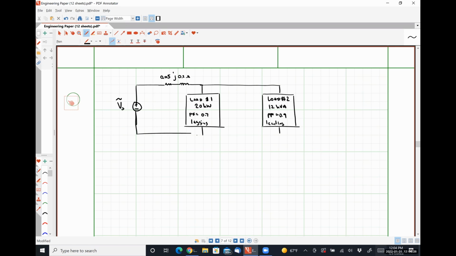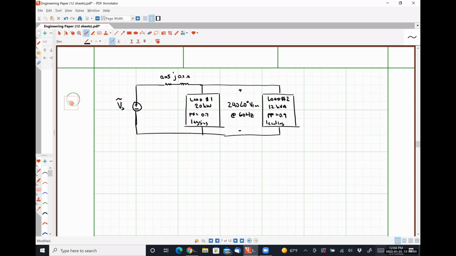And let's say that the voltage drop observed at the load is 240 angle 0 degrees volts RMS at 60 hertz.